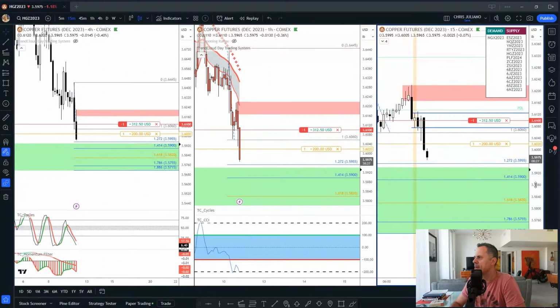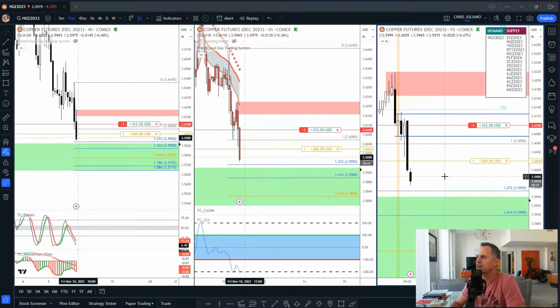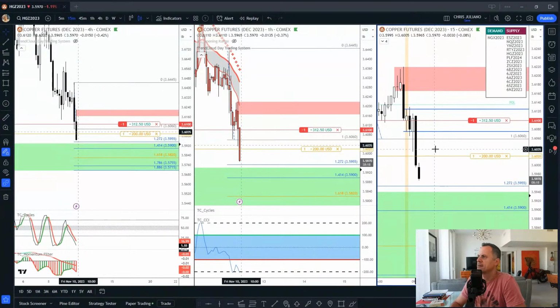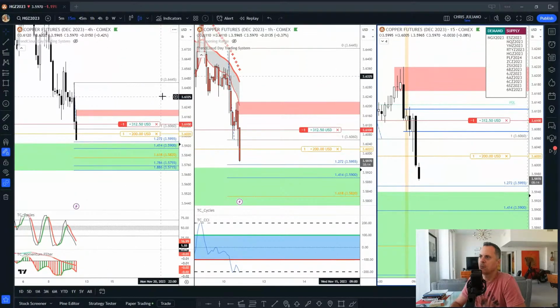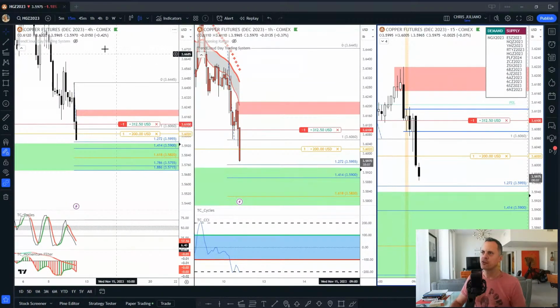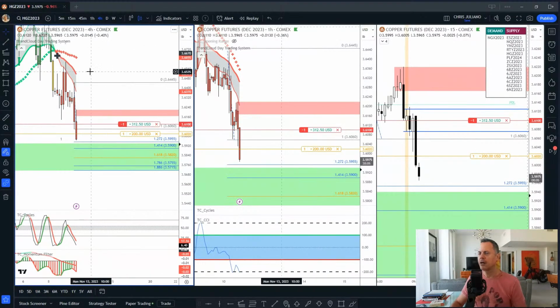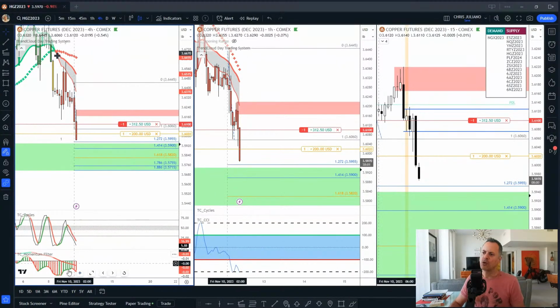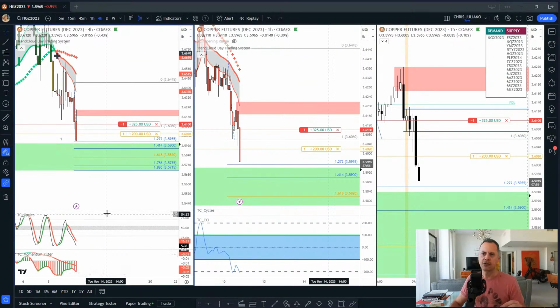As you know, the metals market opens up at 8:20 Eastern. I'm Eastern time. That's when the opening range starts to form. Now when you're looking at this and you see that your Trend Cloud system is in a downtrend and you're impulsing down with momentum on that high time frame, you've got to pay attention to that.